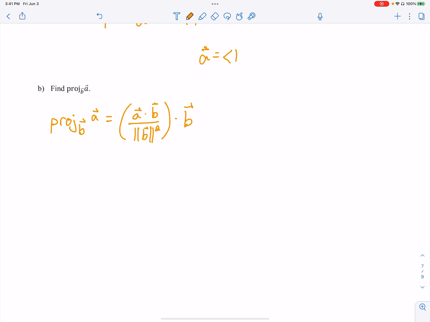A is, I have it written down here, 1, 2, 3. And B is 2, negative 1, 1. I already have the dot product, A dot B. It's the same thing as B dot A. What did we say that was? We said it was 3. So now all I need is the magnitude of B squared, which is just B dot B.